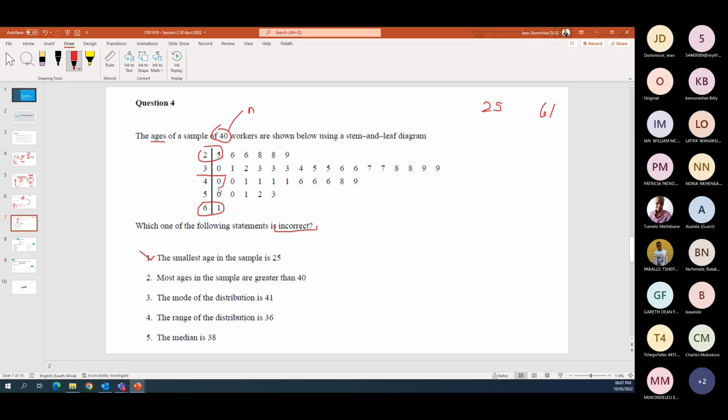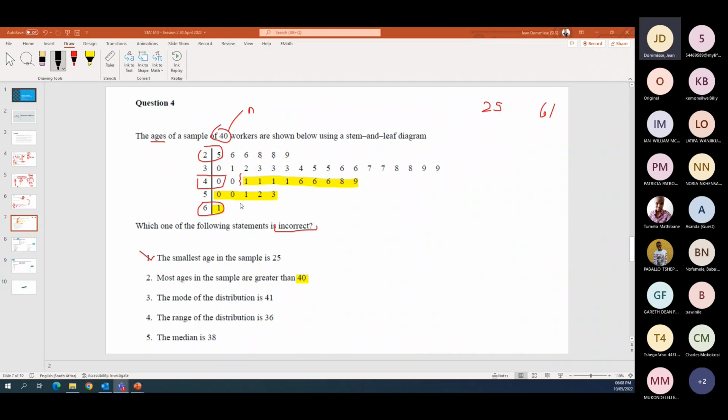Greater than 40 must be bigger than 40. So they are telling us that most of the ages are bigger than 40. With this, the only way nearly to get to that is to count.